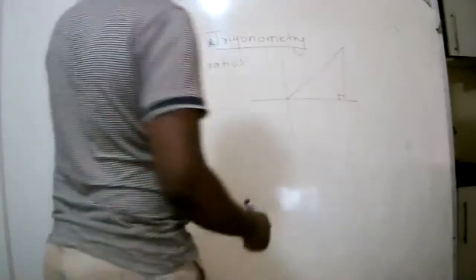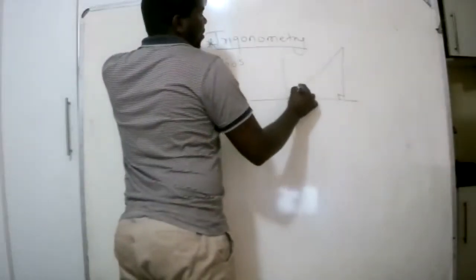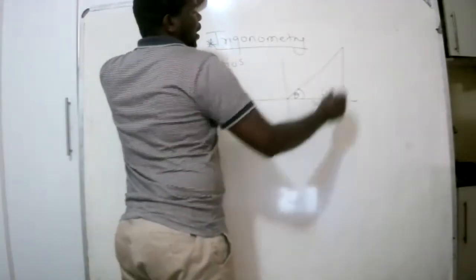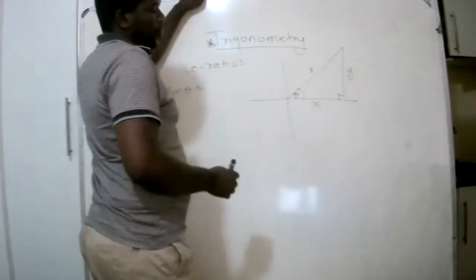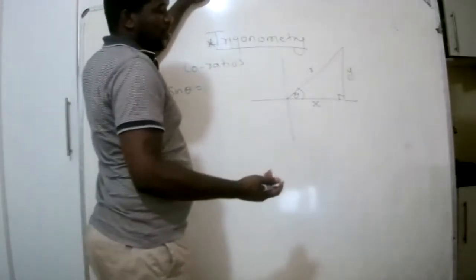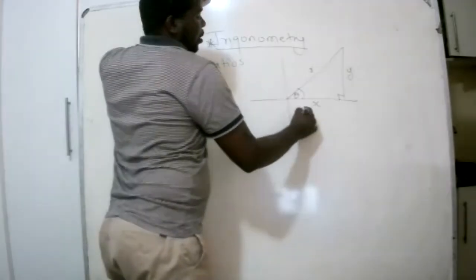So here we have 90 degrees, and if we have an angle down there, this side we can call X, that side we can call Y, and this side we can call R. This side X is given a name. What do we call X?